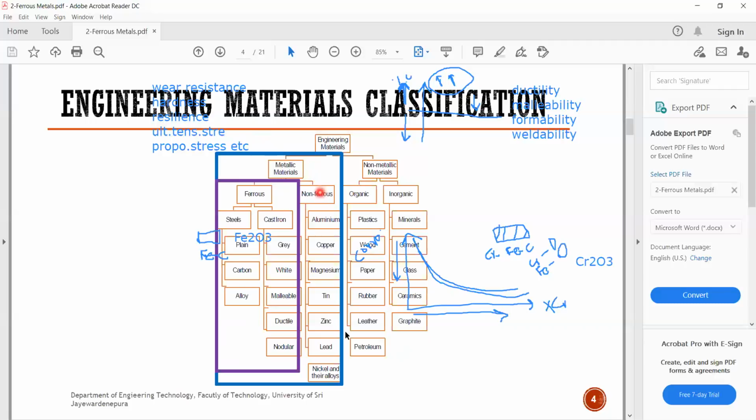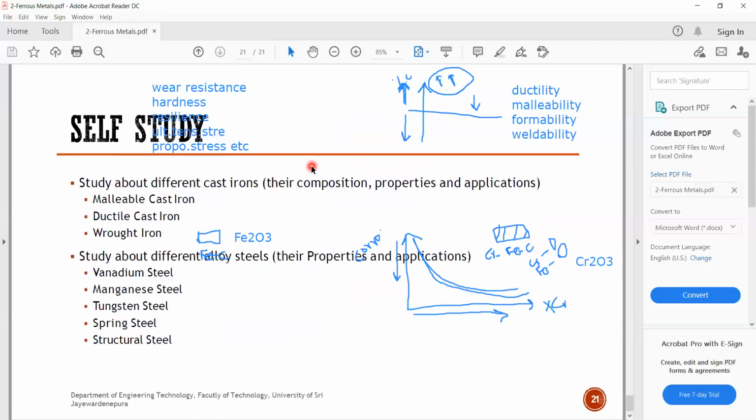So next class we'll discuss the non-ferrous metals, right? Before that, these are two questions for your self study. You don't need to submit them as an activity or assignment, but this is for your self study, right?